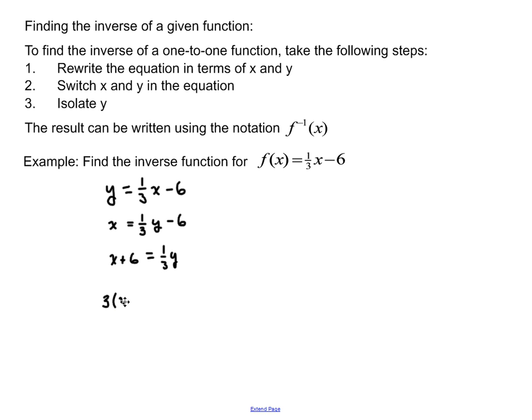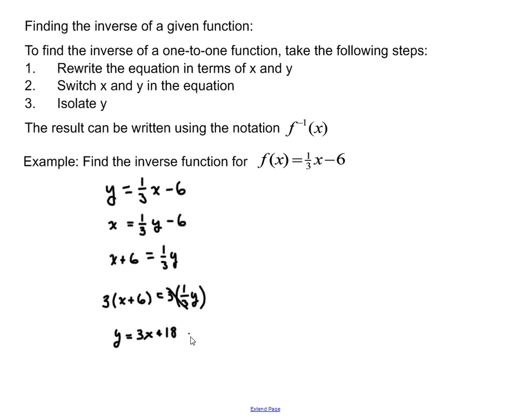So 3 times the quantity x plus 6 would equal 3 times 1/3 y. And we know what's going to happen right there. The 3 and the 1/3 are multiplicative reciprocals, are multiplicative inverses, so they'll just cancel. And we're going to be left with y is equal to 3x plus 18.